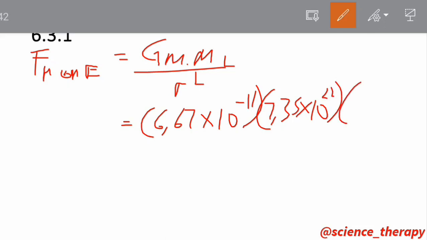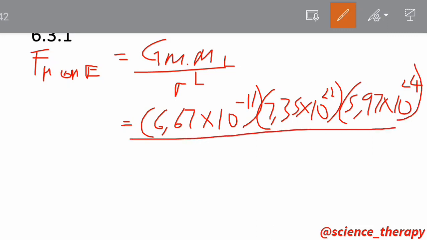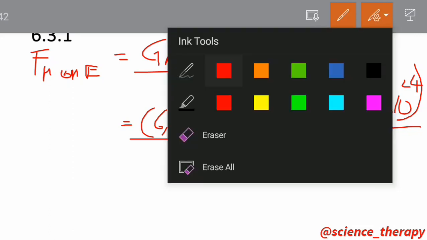And then the mass of the Earth here, we are given 5.97 times 10 to the power of 24. So you will note that it is not the same as the one that we have on our data sheet. That one is 5.98, but we are required to use this one. So you don't use the one you are given on your data sheet.